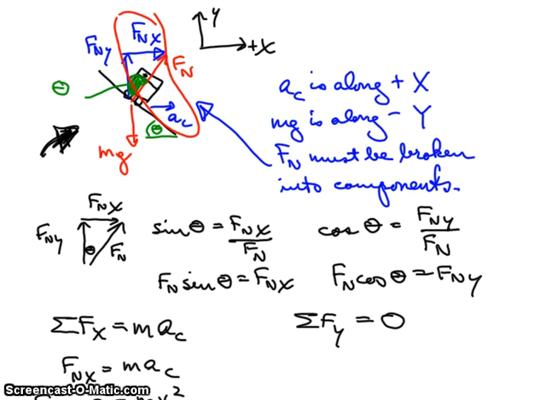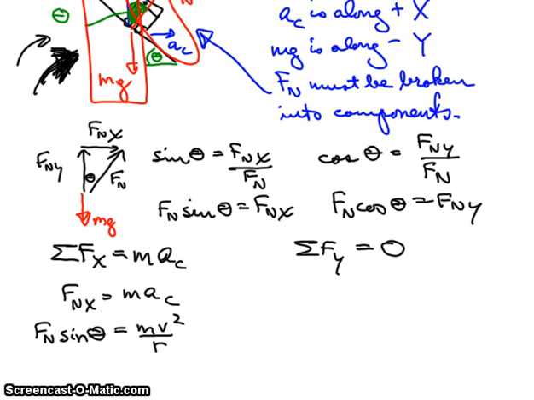In the y direction, you can see from the diagram up here that the weight, mg, is going to be equal to the normal force. The normal force would be located here. The mg, the weight, I should say, is there, and that's going to be equal to f sub ny.